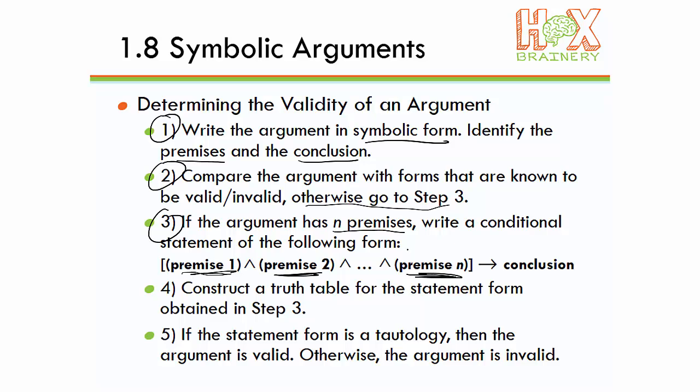After you have all those premises, then you're going to use your conditional statement and then have your conclusion. So you're going to have to rewrite your symbolic argument into this form. Then you are going to construct a truth table for the statement form that you've come up with. That's step 4. And then step 5, you're going to interpret your table. If the statement form is a tautology, therefore an implication because it's a conditional, then the argument is valid. Otherwise, you're going to say that the argument is invalid.